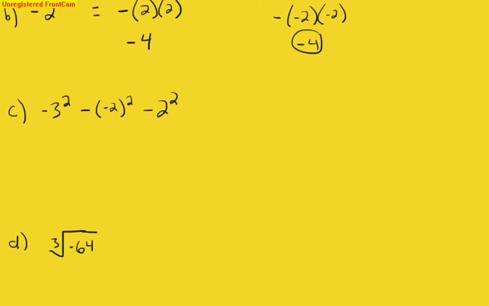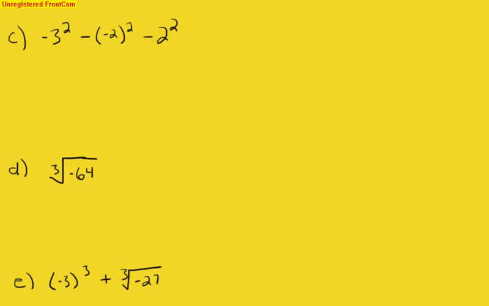Practice problem C. We've got the opposite of 3 squared minus negative 2 squared minus 2 squared.